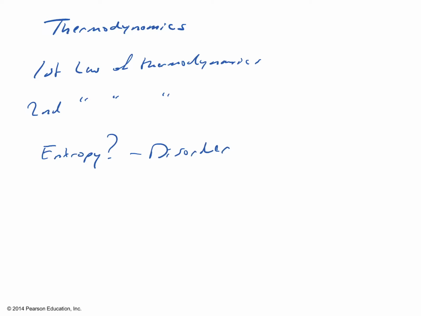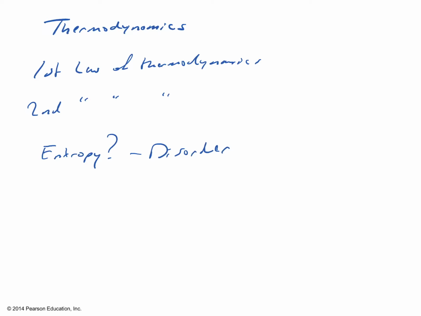You make it more ordered. It becomes a low entropy system. So high entropy equals disorder, low entropy equals ordered. The lower the entropy, the more highly ordered the system is.